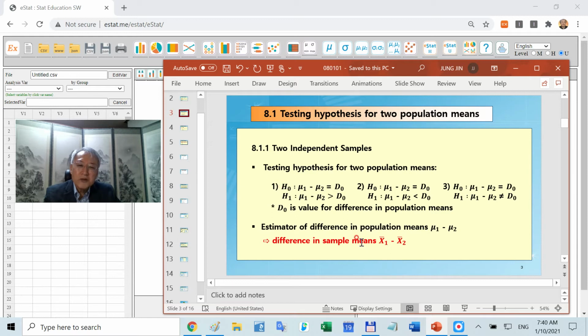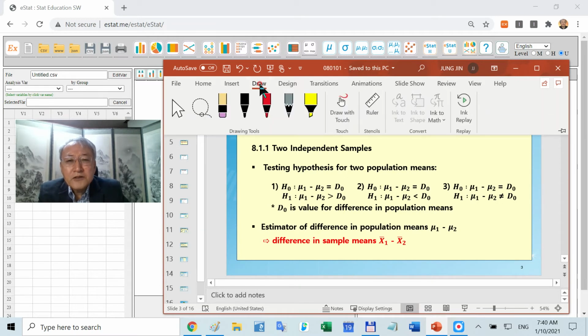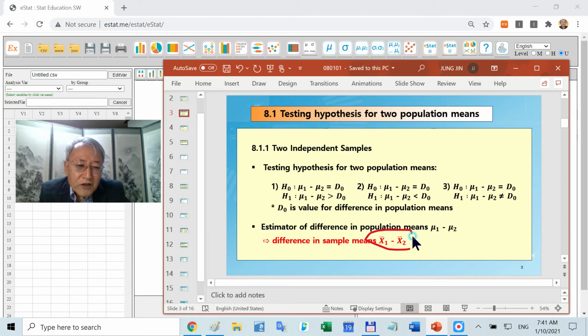Then, what are you supposed to do? You are curious to know about the distribution of this sample mean, what it looks like.